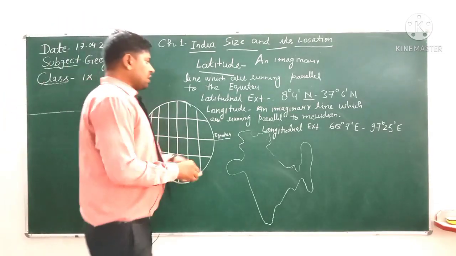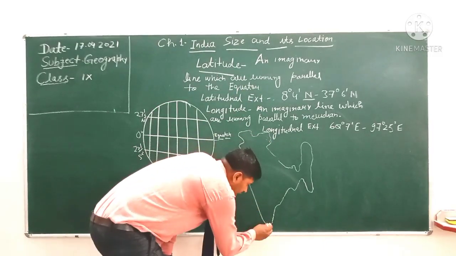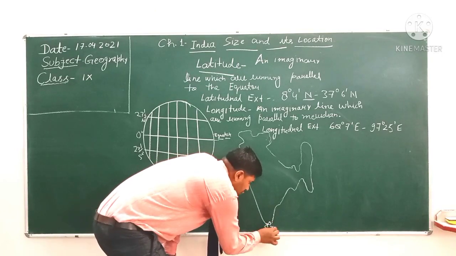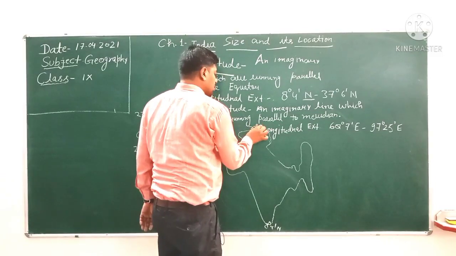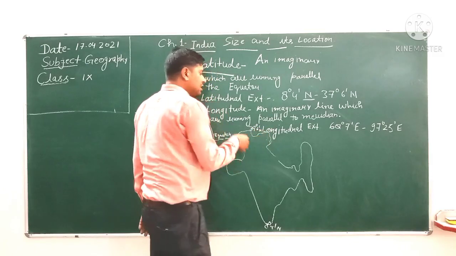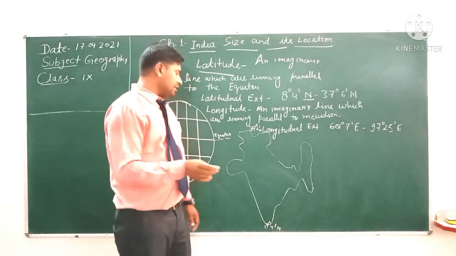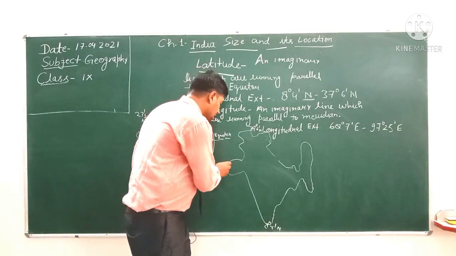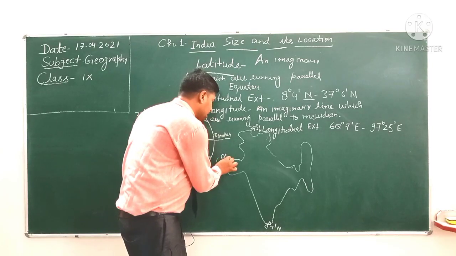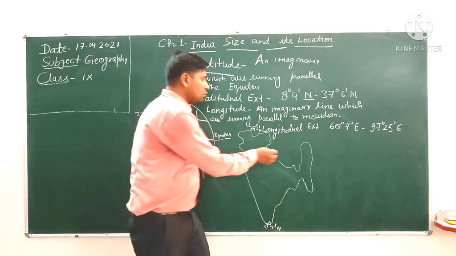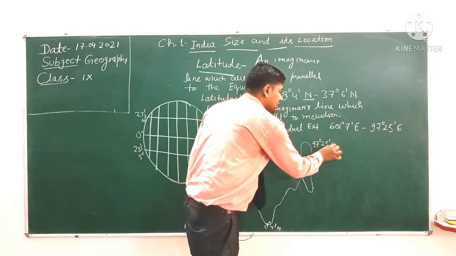As we denote here, the latitudinal extension is from 8 degree 4 minute north to 37 degree 6 minute north, and the longitudinal extension of India is 68 degree 7 minute east to 97 degree 25 minute east.